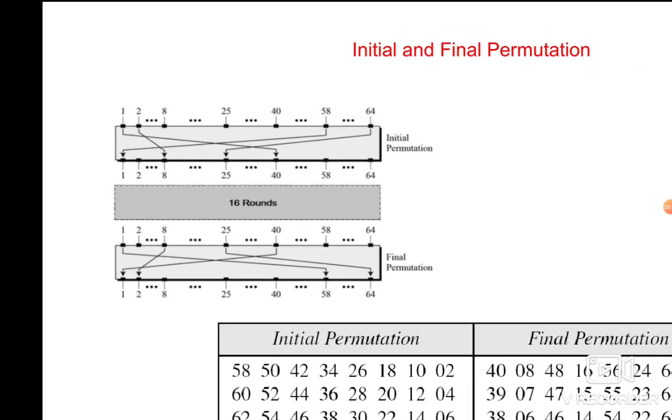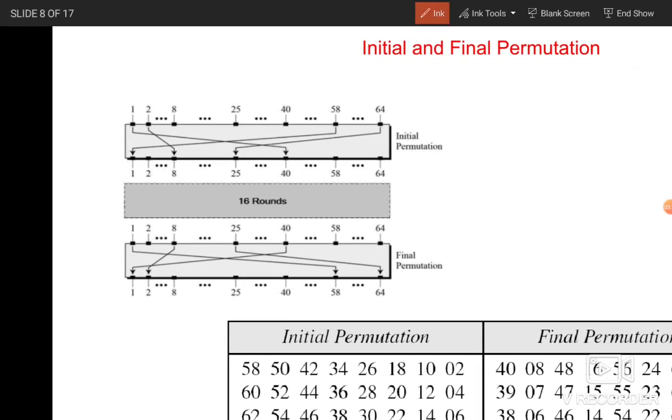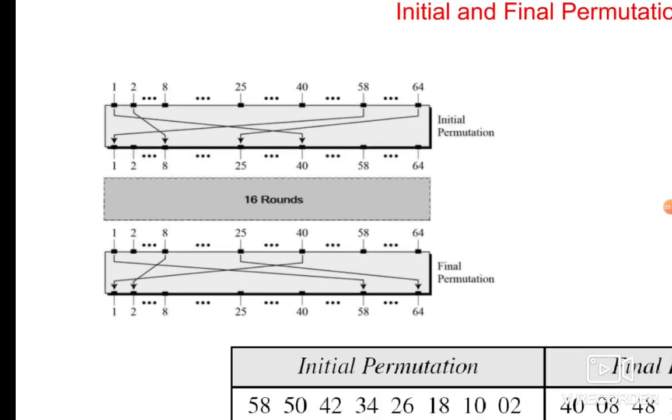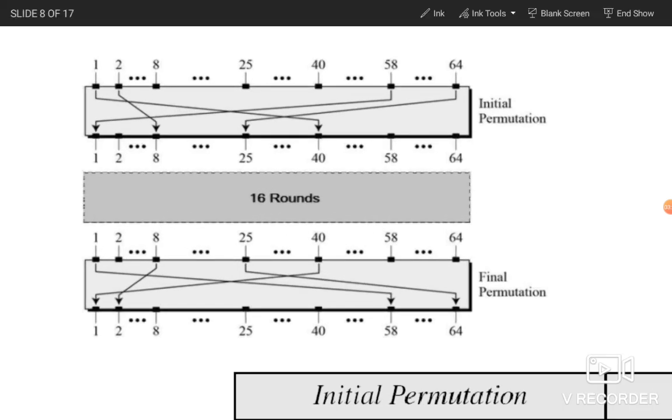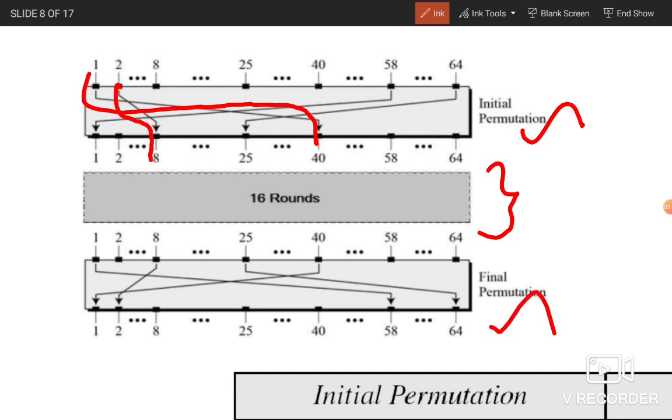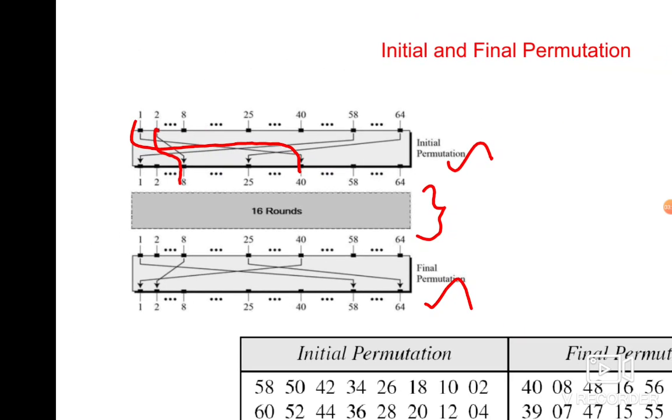So this is the initial and final permutation. That is, the first bit is mapped to the 48th position, the second bit is mapped to the 8th position. Like that, we are rearranging the bits. After the initial permutation, we have 16 rounds, and finally we have one more final permutation.